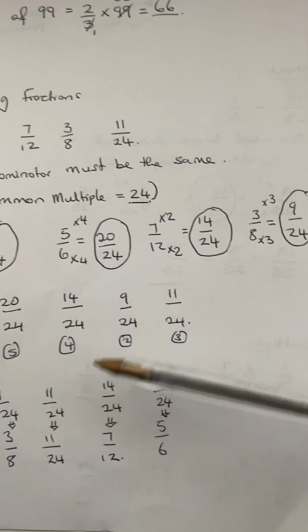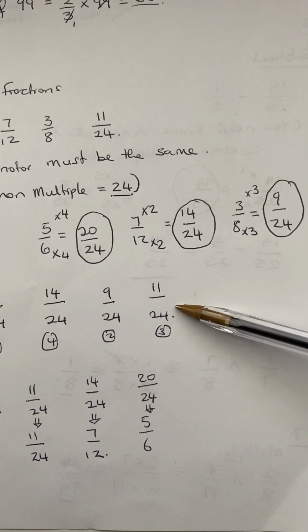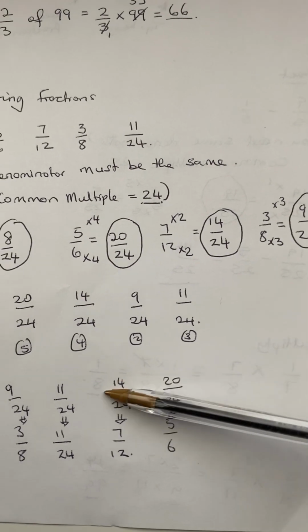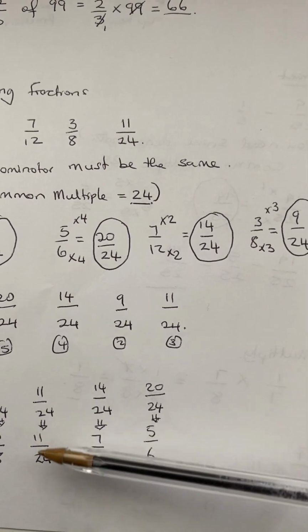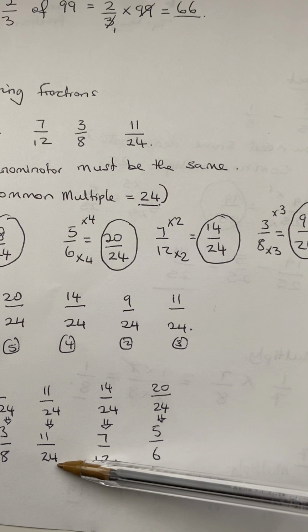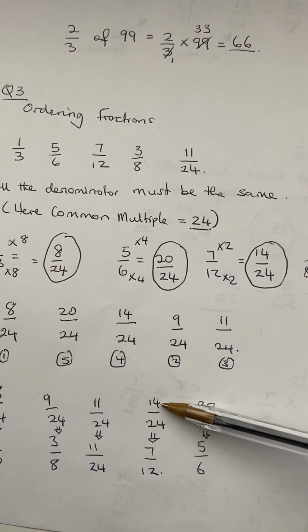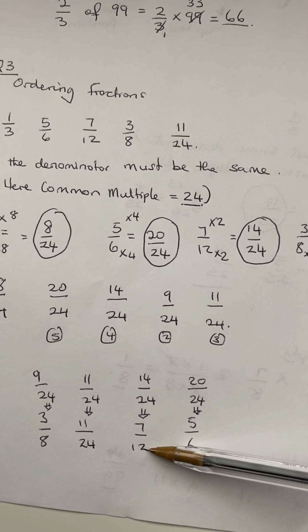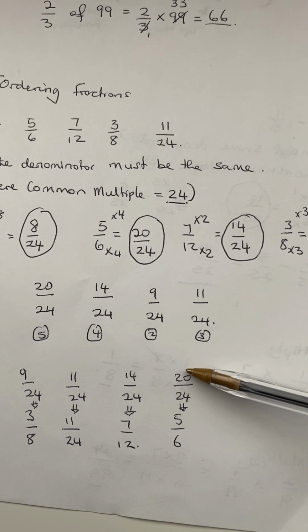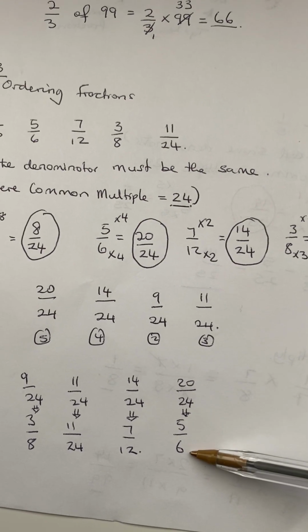The third one is 11 over 24, which stays 11 over 24. The fourth one is 14 over 24, which is 7 over 12. And the fifth one is 20 over 24, which is 5 over 6.